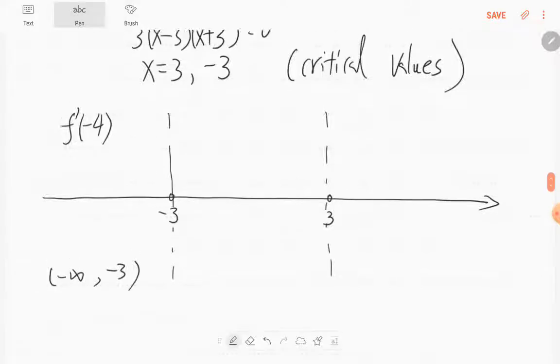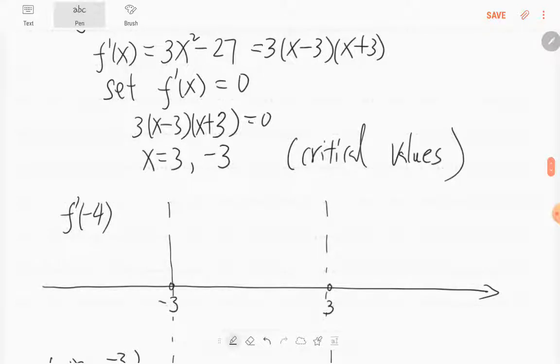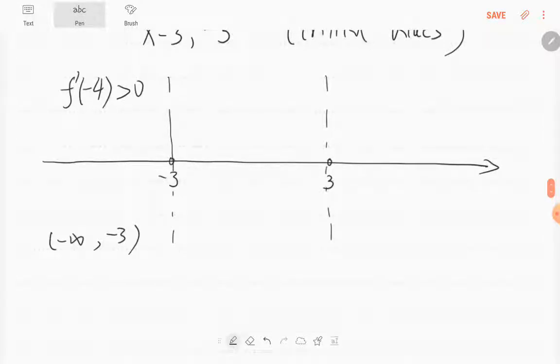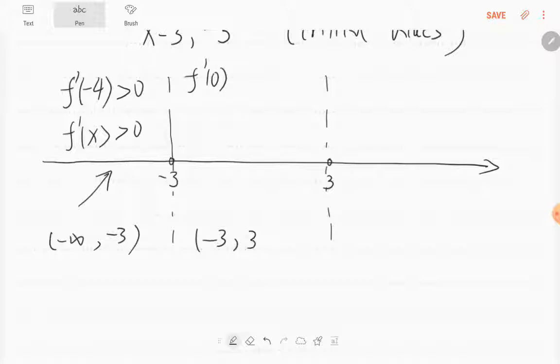If you plug in negative 4, this is negative, this would be negative, so it's positive. So on the whole interval, it is positive, so we know this is increasing. And here we plug in 0 on the interval from negative 3 to 3. Then you will see this is negative, so on the whole interval from negative 3 to 3, it is negative, and so it's decreasing.